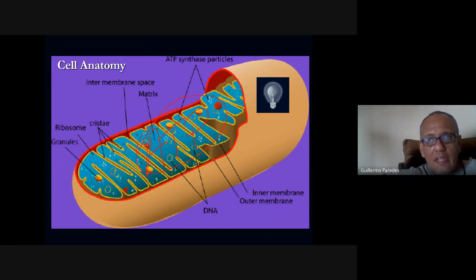The ATP is like a rechargeable battery. ATP is adenosine triphosphate, meaning 3 phosphates. They have adenosine and 3 phosphates: 1, 2, 3. This phosphate is the energy that we use for all activity that we have.